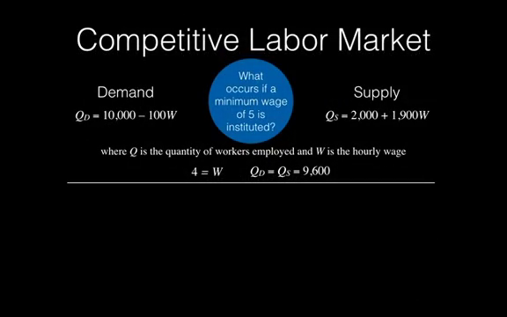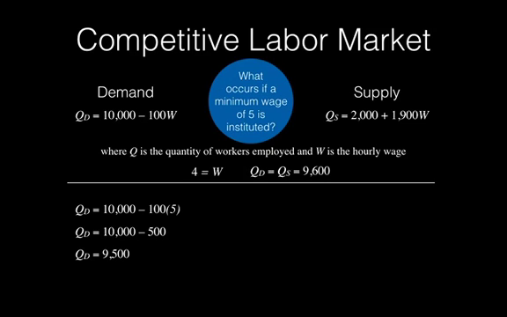Now we want to take a look at what occurs if a minimum wage is instituted and it's equal to 5. So in order to do this, we're going to insert the 5 into both the demand and supply equation. So we get QD is equal to 10,000 minus 100 multiplied by 5.